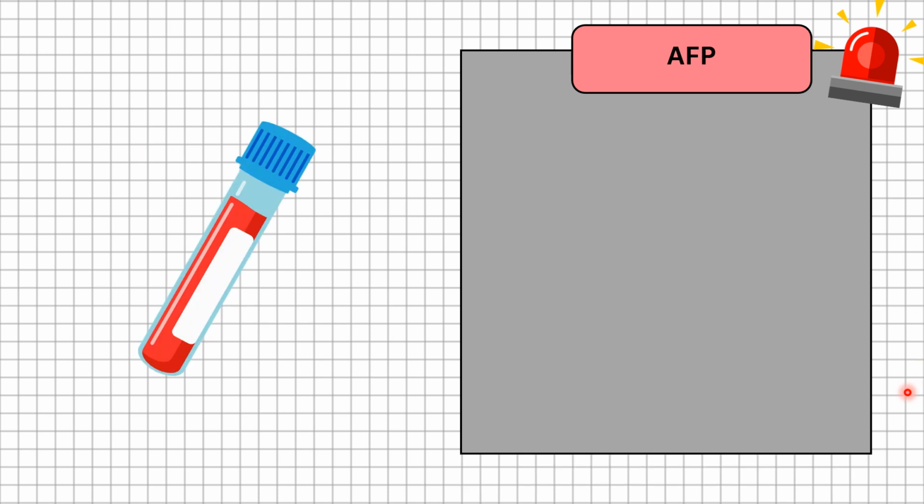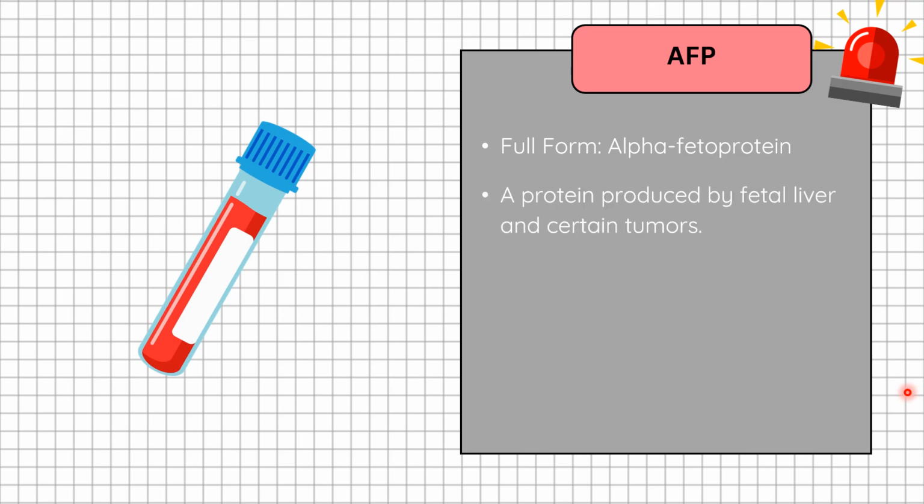The next abbreviation is AFP, and the full form of AFP is alpha fetoprotein. It is a protein that is produced by the fetal liver and in certain tumors.